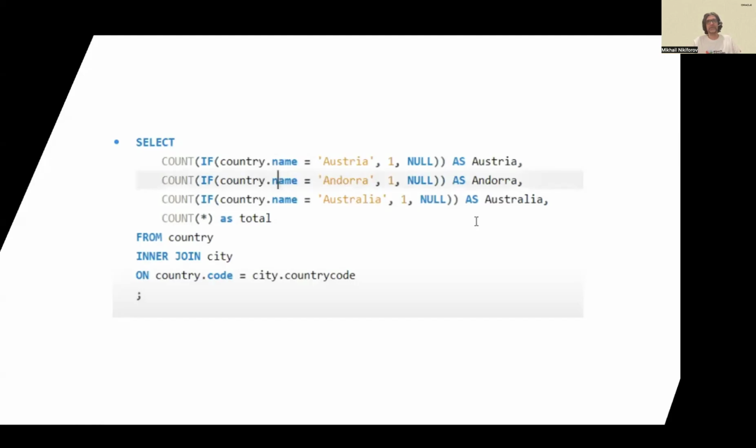Some implementations have a special statement for pivoting. For example, in Microsoft SQL Server, there's a special pivot statement. But it's very complex. It was all the time hard for me to write it again.